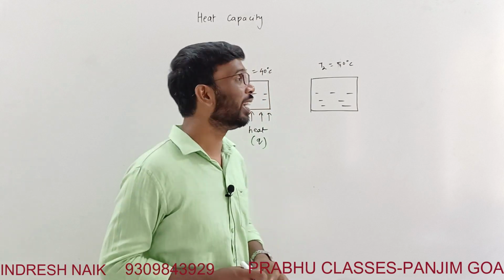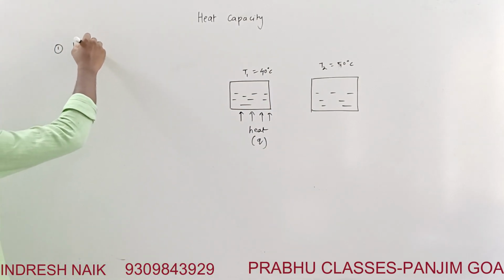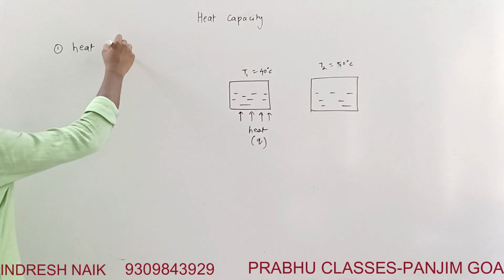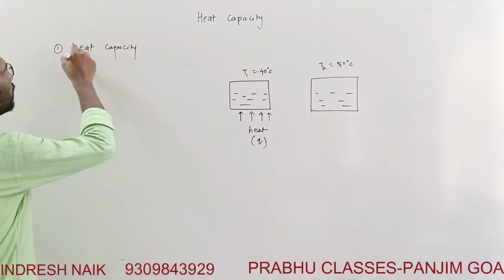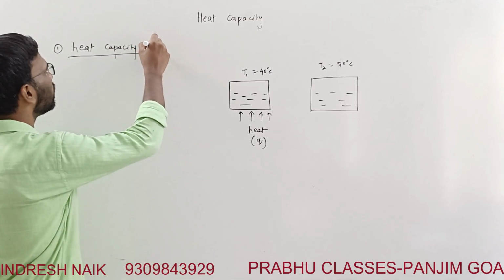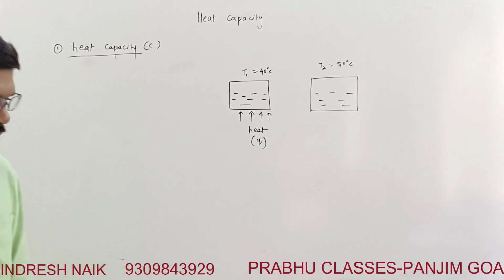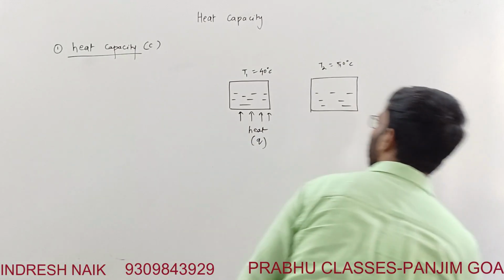Now the term heat capacity. So we are going to learn about heat capacity. The general way of defining heat capacity, I will write over here C. Heat capacity is defined as C. So the definition would be written this way.